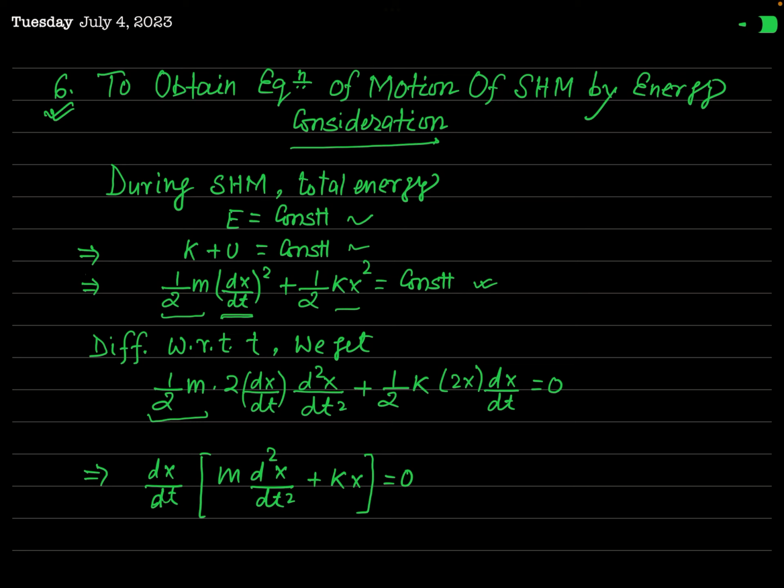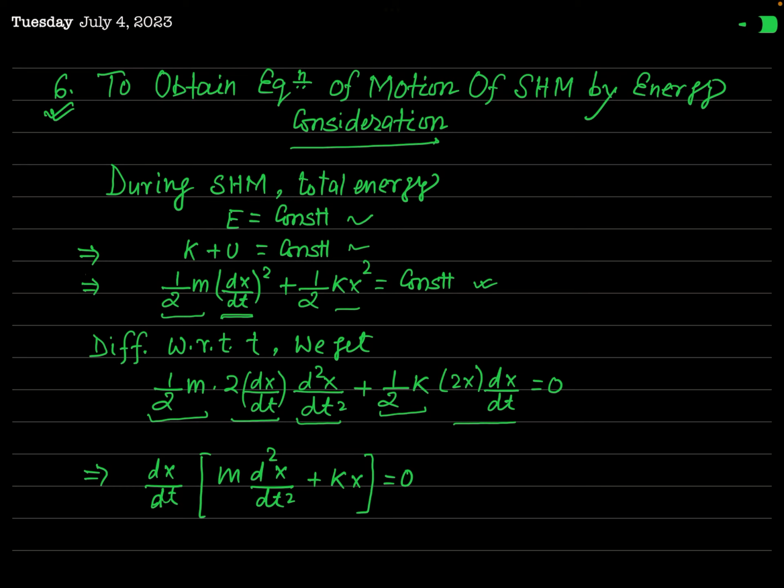You know, dx by dt whole square will first be differentiated with respect to dx by dt, and that will be 2 into dx by dt. Then dx by dt will be differentiated with respect to t, and that will be d2x by dt square. Now again half k is constant, and we will differentiate x square with respect to t. This is also a function of a function, and this derivative will be 2x times dx by dt.